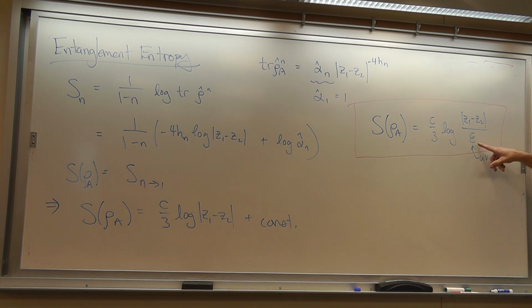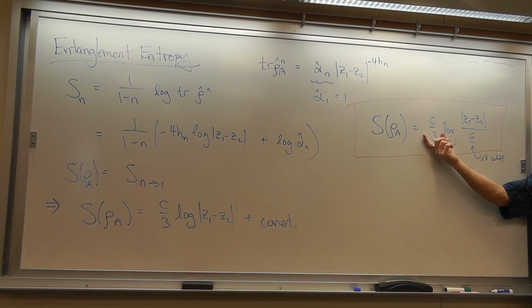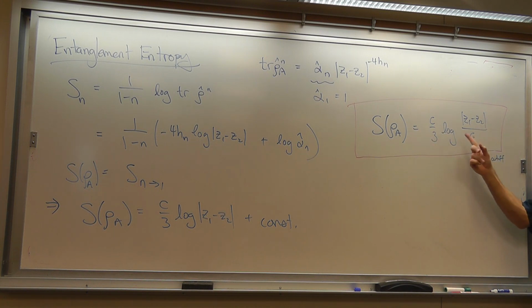No matter what I do to the UV cutoff, it won't change the fact that the log is proportional to central charge over 3. So everything except the denominator here is a physical prediction. The denominator is scheme dependent, but the rest is meaningful.